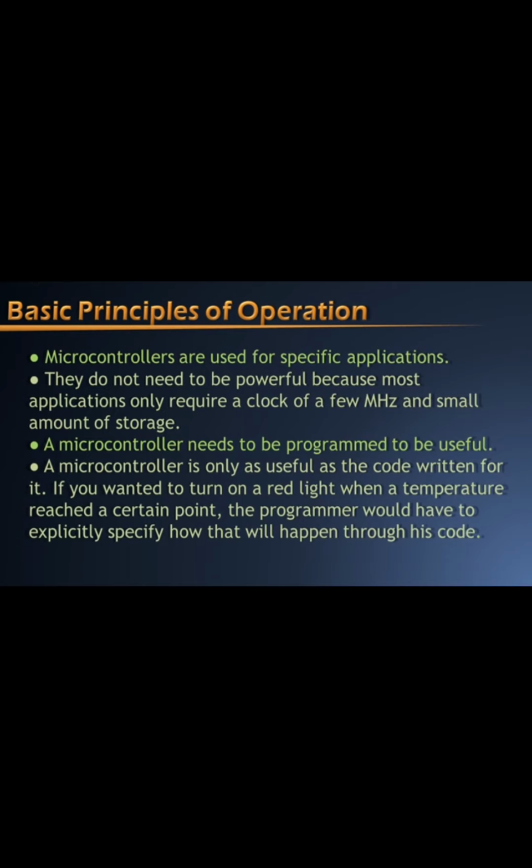The programmer has to specify how, why, and in which way we have to turn the red light on. We have to write a code for this microcontroller particularly for specific applications.